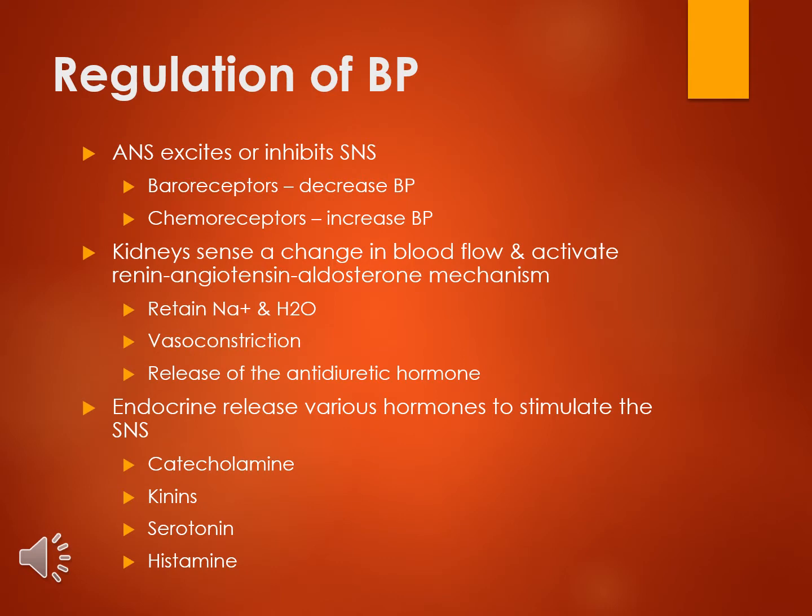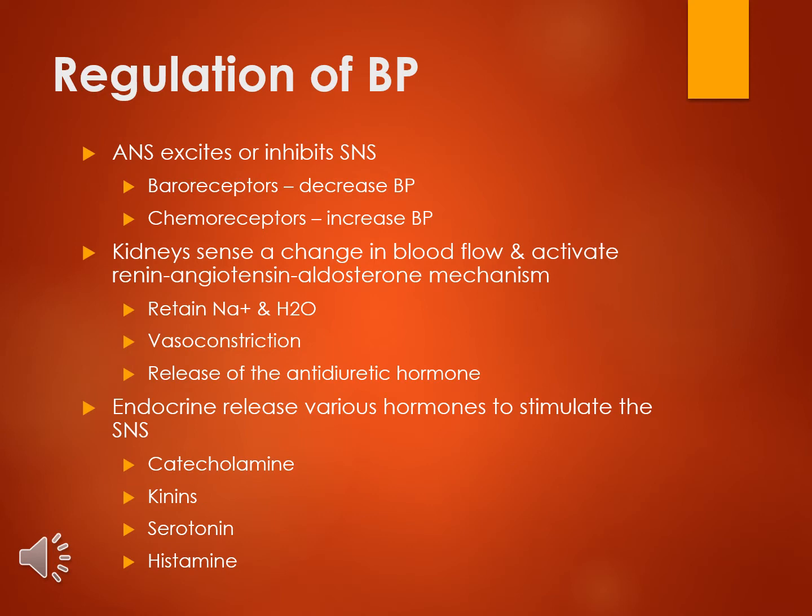The regulation of blood pressure is controlled by the autonomic nervous system. It either excites or inhibits the sympathetic nervous system. They kind of work on what we would say like a teeter-totter, depending on what the body's needs are. Baroreceptors will decrease blood pressure and chemoreceptors will increase blood pressure.